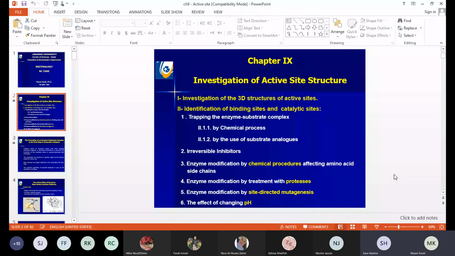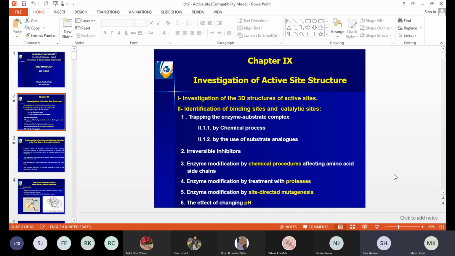And we have some methods using substrate analogs. We can trap the enzyme substrate complex. We can use some irreversible inhibitors as well to identify the amino acids. We can use enzyme modification by chemical procedures affecting specific side chains of amino acids. We have treatment with proteases.